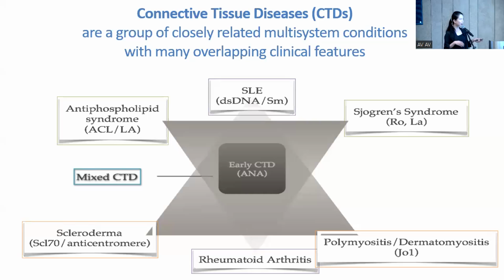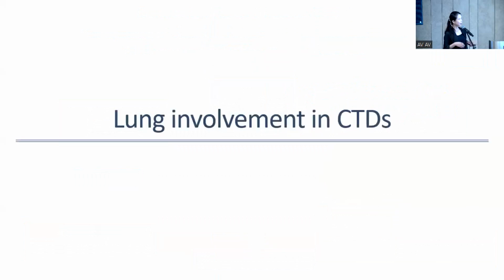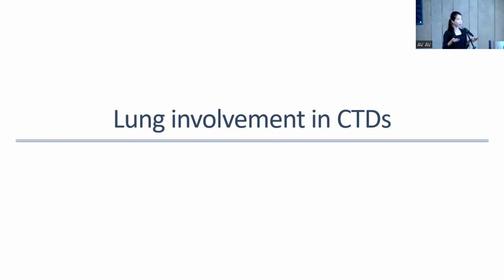So how does CTD-ILD come into the picture? There are many ways that the lungs can be involved in these CTDs. As I said before, these CTDs affect many systems and many organs, and the lung is one of them.